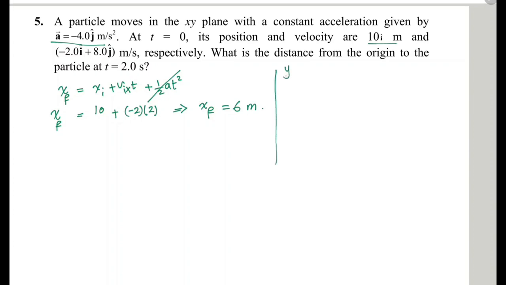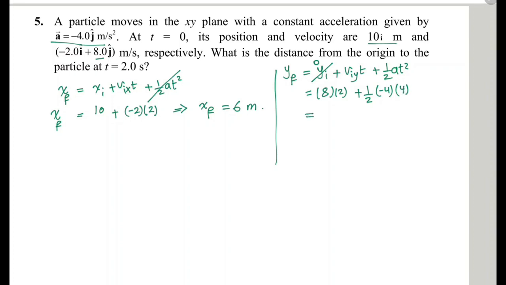Now to find the y final, follow the same rule: y initial plus the initial v_y t plus half a t squared. The initial position y equal to 0, it's mentioned right here in the question, and 8, the initial velocity, times the time, 2, plus half the acceleration on y, minus 4, times the t squared, so 2 squared, it's 4.